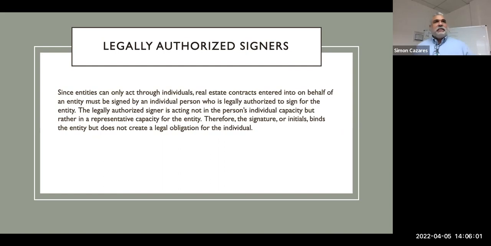And again, that's going back to corporation and LLC, a trust, even sometimes a probate, where the judge or the court appoints someone as the authorized party on behalf of the probate as well. Therefore, the signature or initials bind the entity, but do not create a legal obligation for the individual, okay? And we'll dive in a little deeper on this.